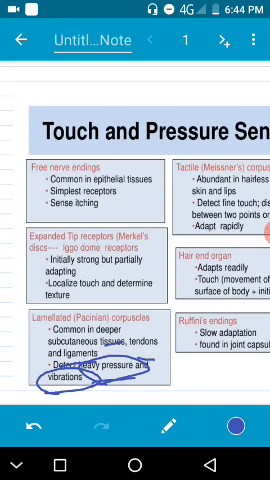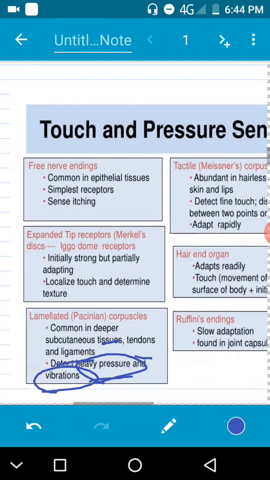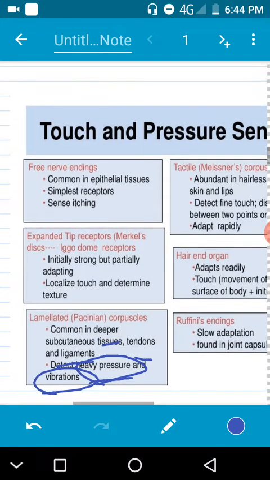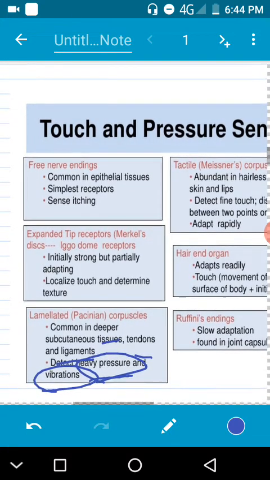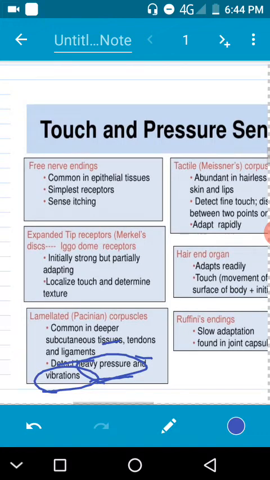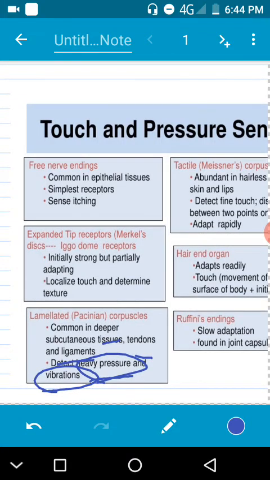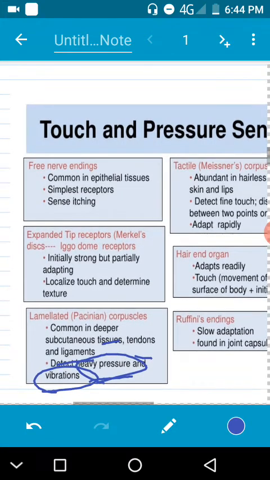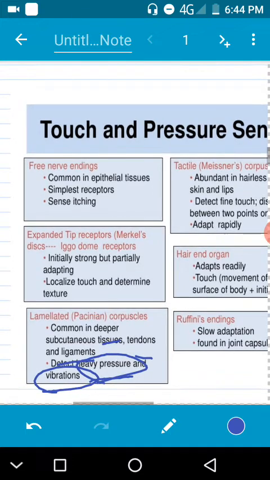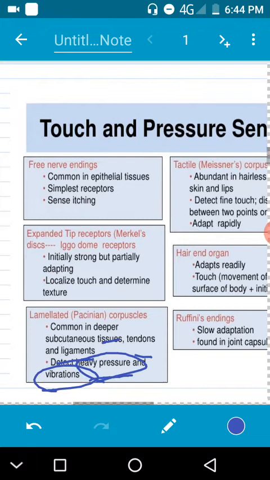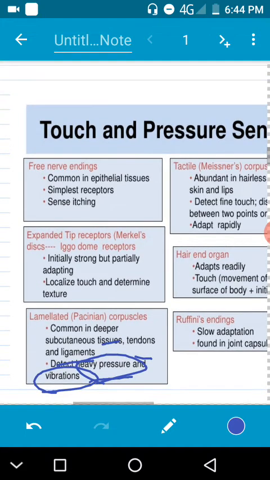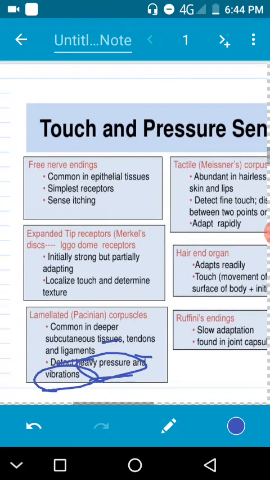Okay, what do I mean by adaptation? I would explain it with a simple analogy. You wear a shirt for the first time, your skin picks up the sensation and it will feel weird for some time. But after some time, you don't realize that you are wearing a shirt or anything for that matter. So this is nothing but adaptation.